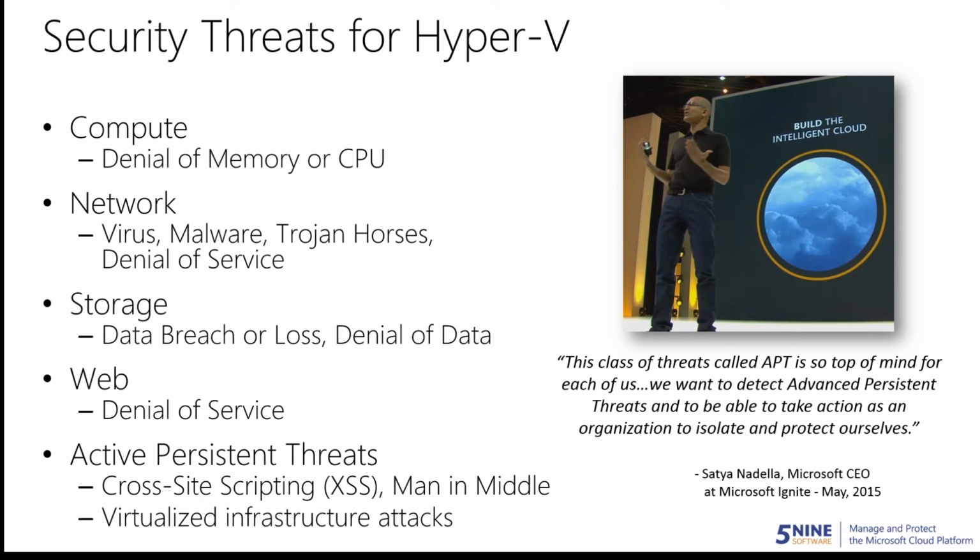Now, advanced persistent threats, these are basically attacks which are intelligent. It's not just things that are going to constantly do a brute force attack and try to crack every password. What they're going to do is understand how certain types of infrastructure are configured, including how Hyper-V is configured, or how VMware is configured, or how Citrix is configured, and specifically try to exploit vulnerabilities in those systems.